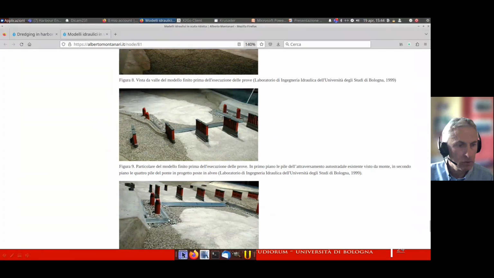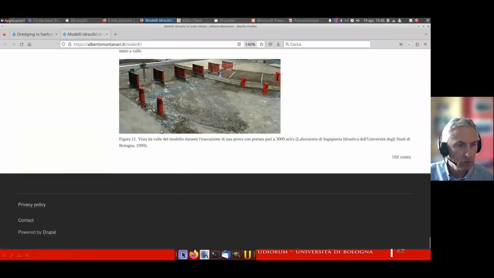We wanted to see if these protections were actually effective in protecting the foundations of the new piers.